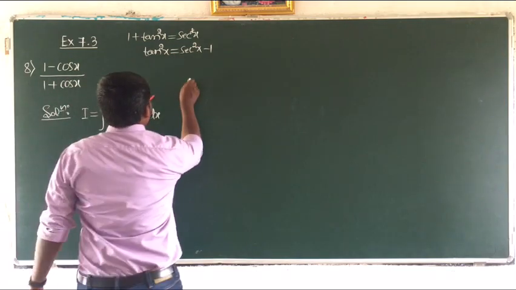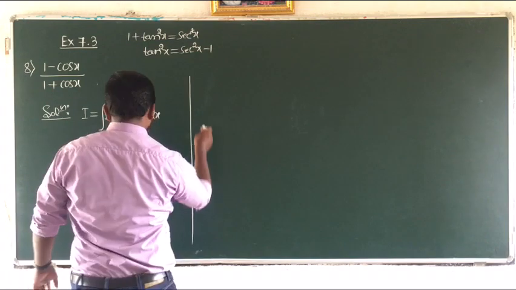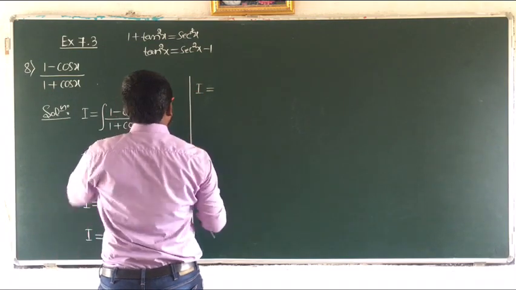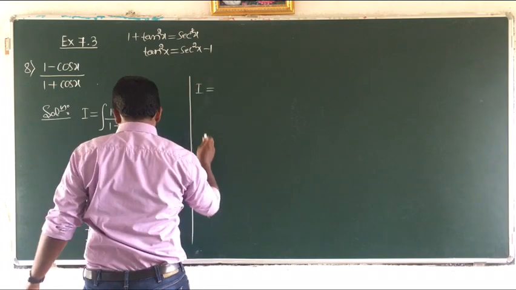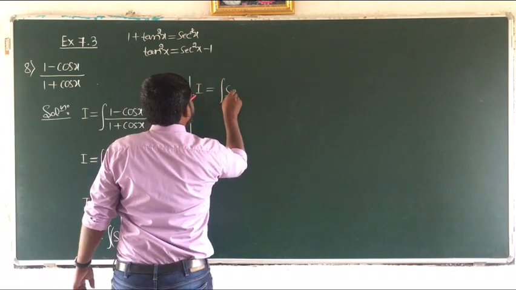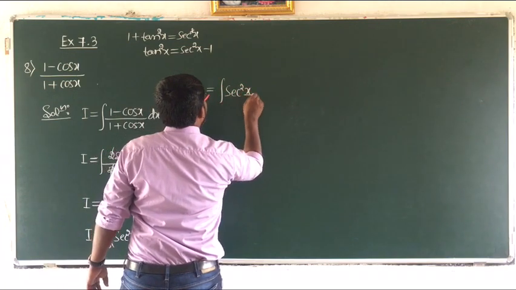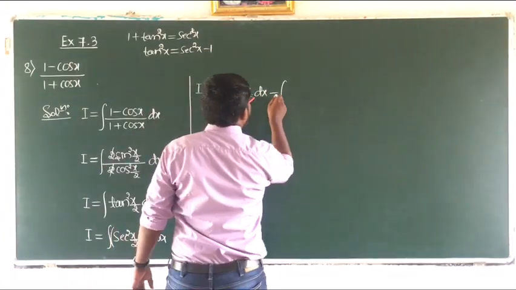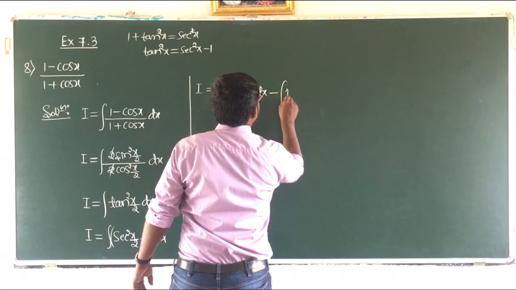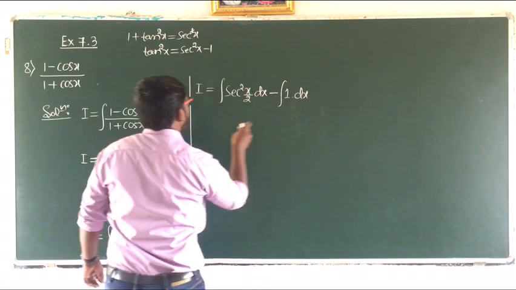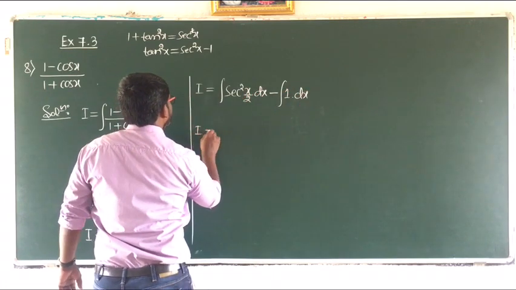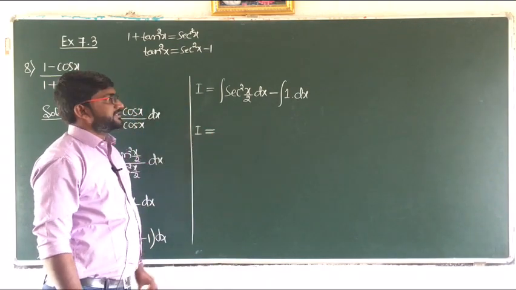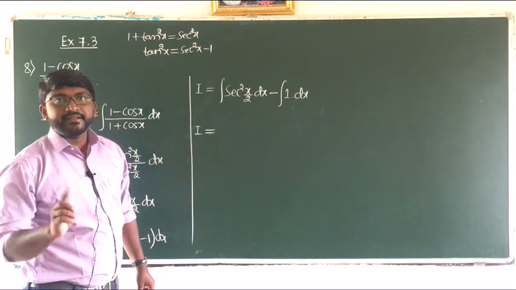So now integrate them separately. I is equals to integration of secant square x by 2 dx minus integration of 1 dx, or only dx. So now I is equals to, what is integration of secant square x by 2? Integration of secant square x will be tan x.